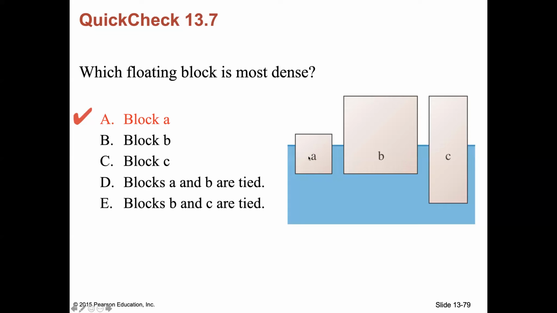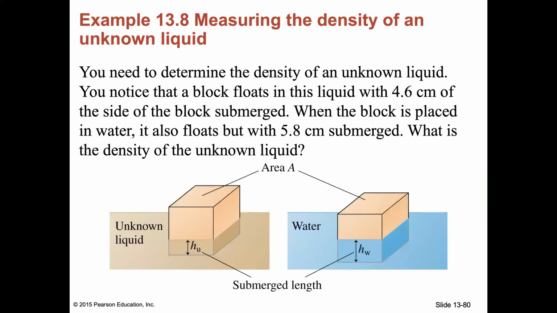If 100% of the object is submerged in water and it's still floating or in static equilibrium, that means the density is the same as water. So B is the lightest and A is the heaviest in density.